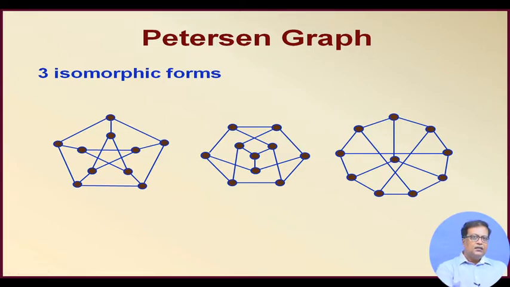In other words, these two are also Petersen's graphs, right. They are isomorphic forms. So, these isomorphic forms are sometimes good to understand and identify, so that it helps us in analyzing systems in a simple manner.